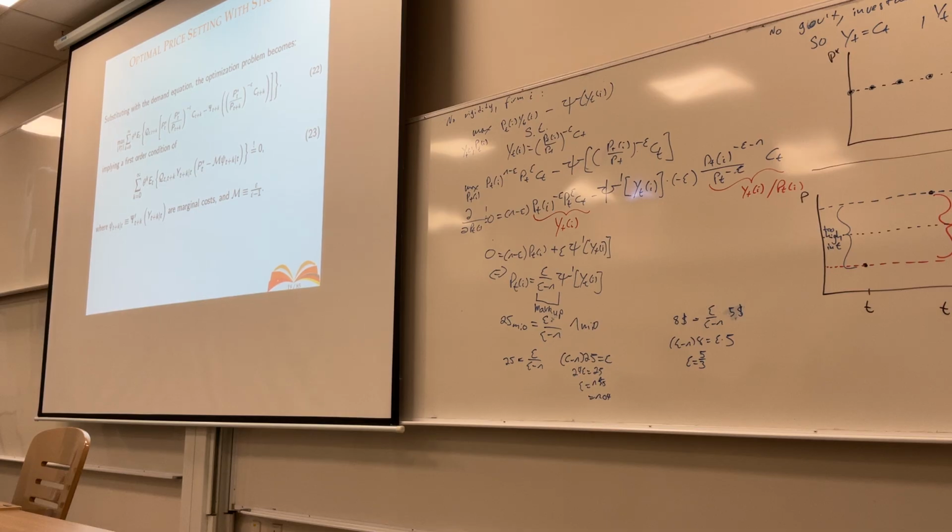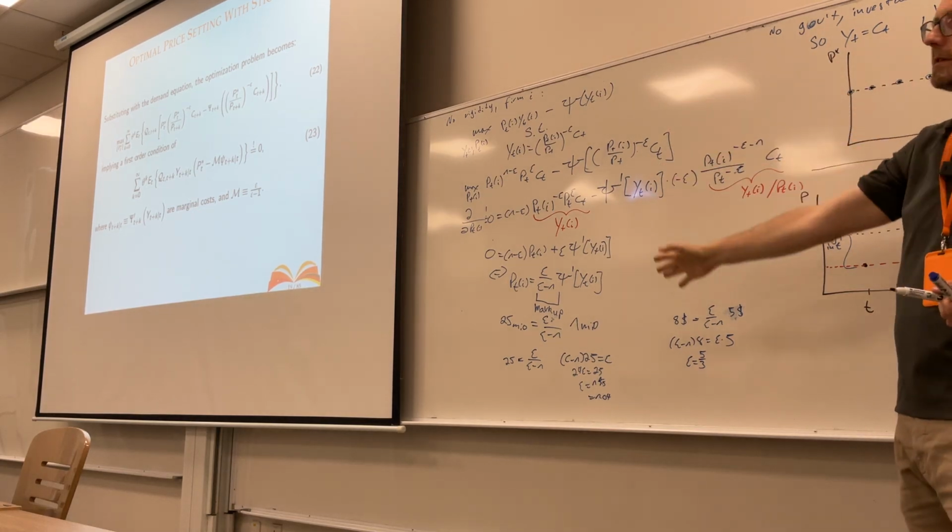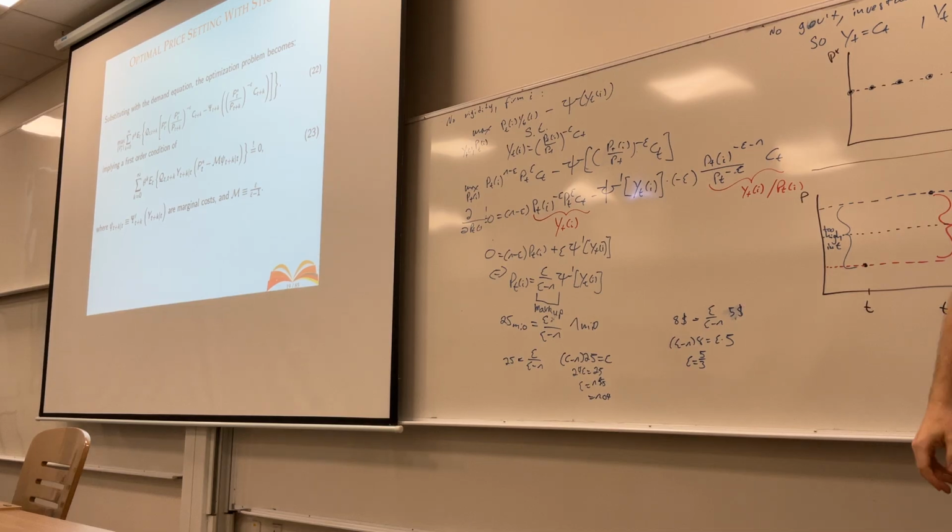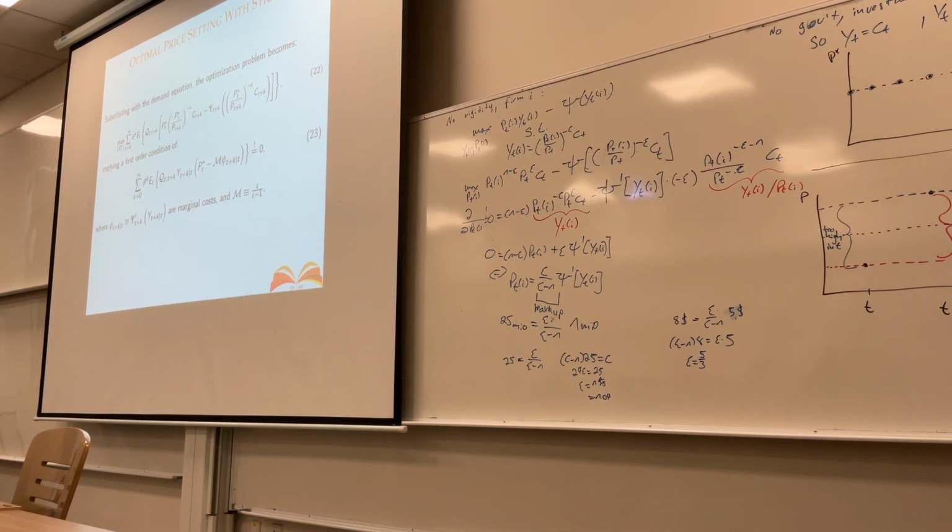In a world where we have perfectly flexible prices, what happens today? Nothing. The central bank says in a year it'll start increasing the money supply, so then in a year I'll start increasing my price. And every firm thinks this way, and that's what every firm will do. We're in an optimal, flexible world.